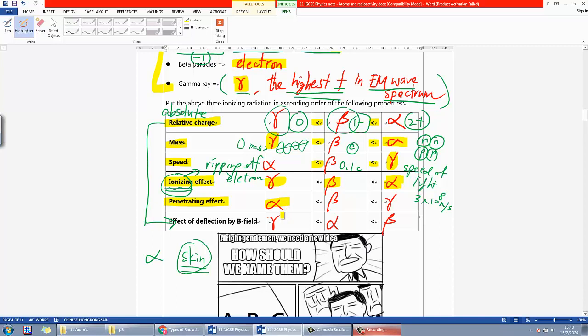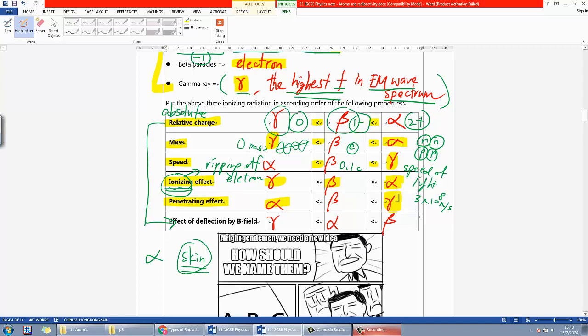You can imagine a 100-meter runner: the distance is very short, but the burst of energy is high. But gamma is like a marathon runner.